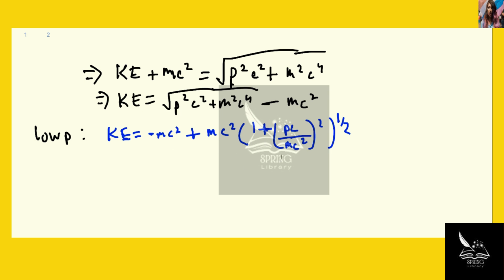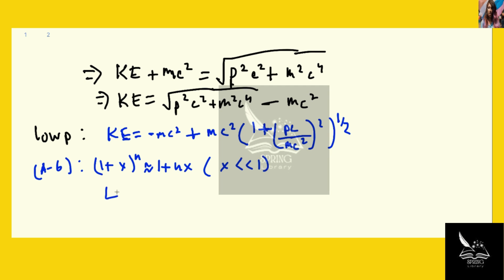The reason we're doing this is because we want to use the binomial expansion, from Appendix A6. A6 says that (1 + x)ⁿ is approximately 1 + nx when x is much, much less than 1, which is the case here.